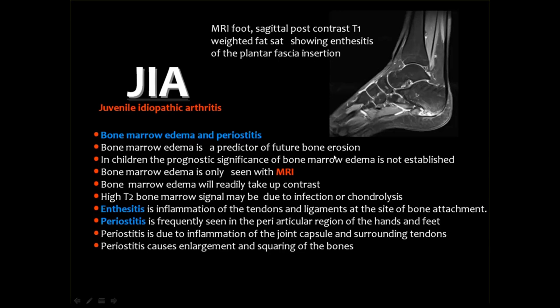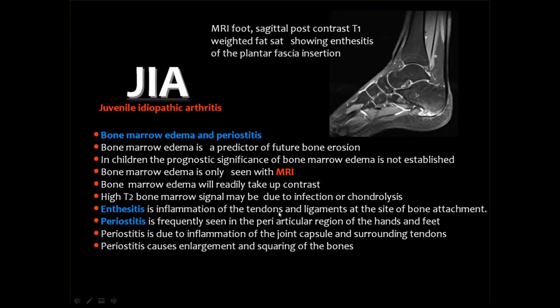Bone marrow edema is an important finding that may predict the development of bone erosion later on. In children, the prognostic significance of bone marrow edema is not established, and you know that bone marrow edema is only detected by MRI.